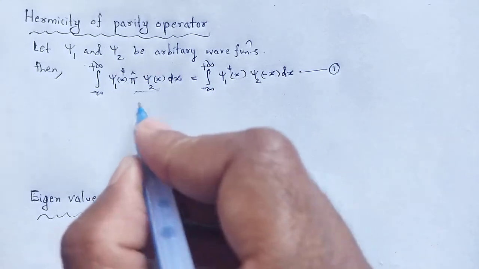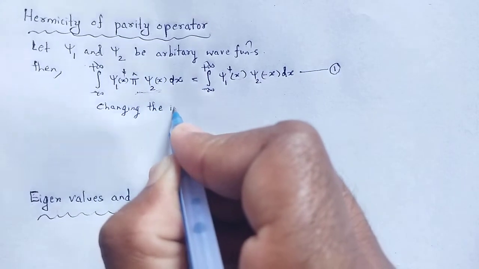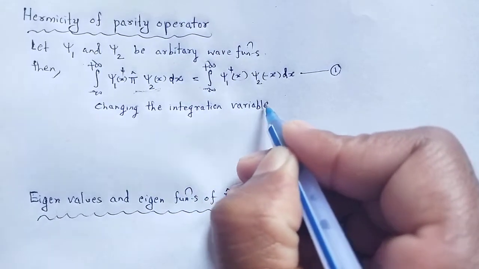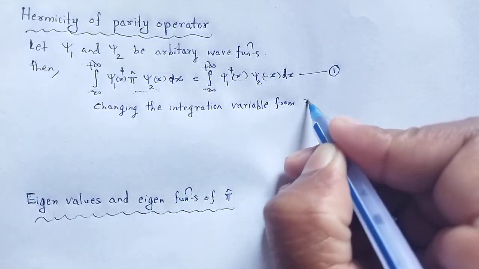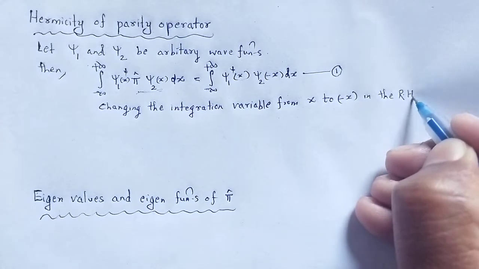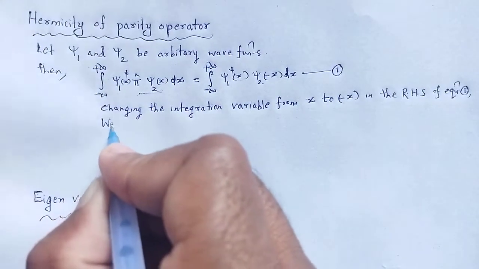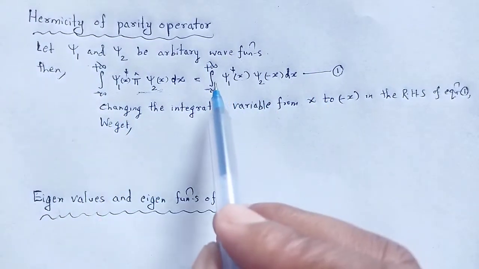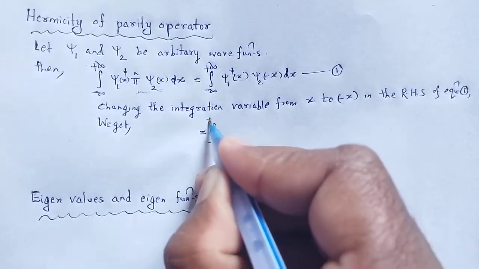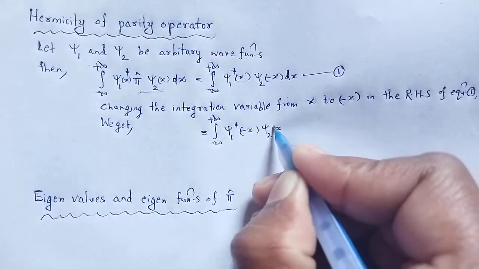Again we write here, changing the integration variable from plus x to minus x in the RHS of equation 1, we get: the integration from minus infinity to plus infinity of psi 1 star minus x psi 2 x d of minus x.